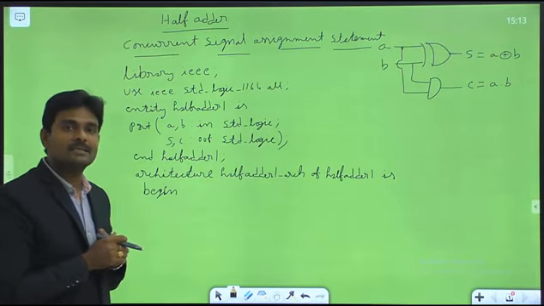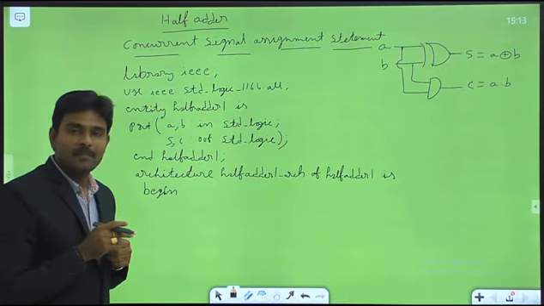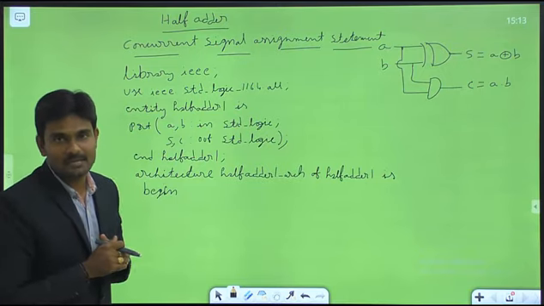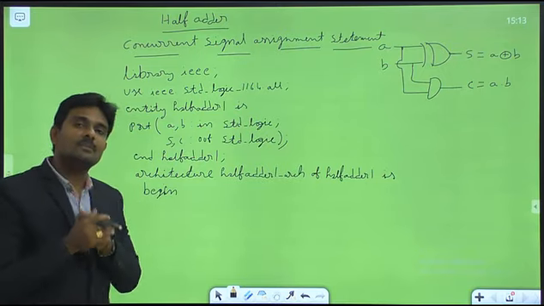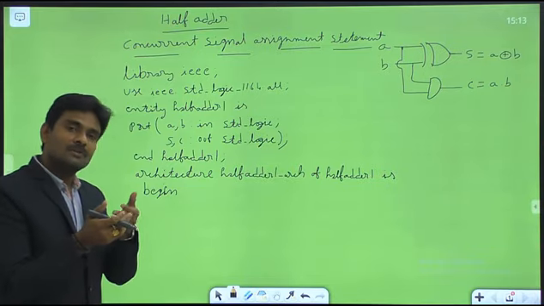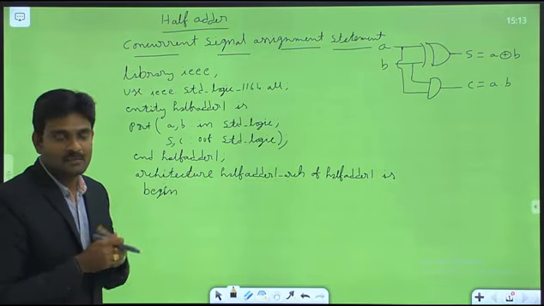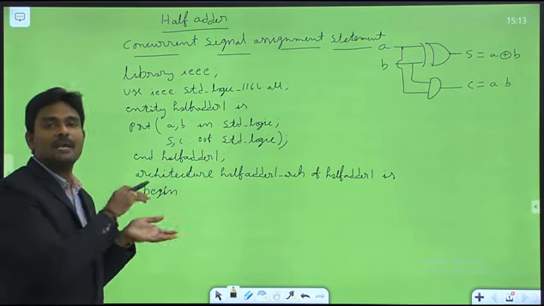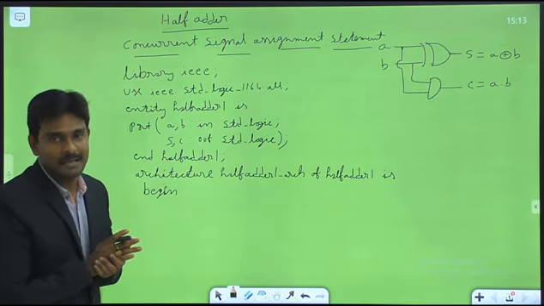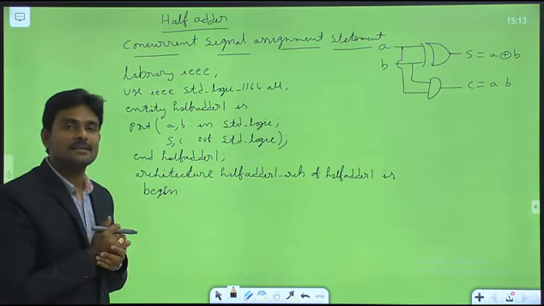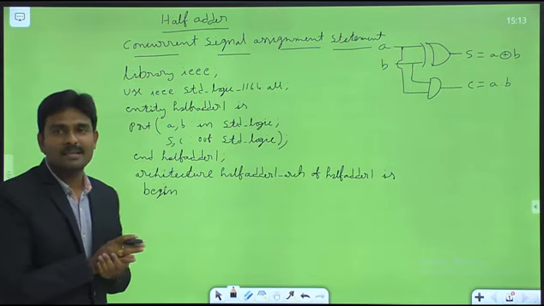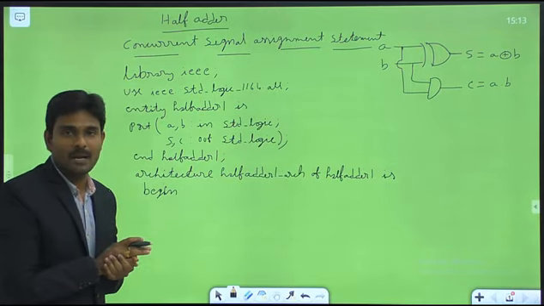So what is the syntax? Signal name less than or equals to expression. On the right hand side we mention an expression. By evaluating that expression, we get a certain value. That value will be assigned to the left hand side signal. That is the syntax of the concurrent signal assignment statement.